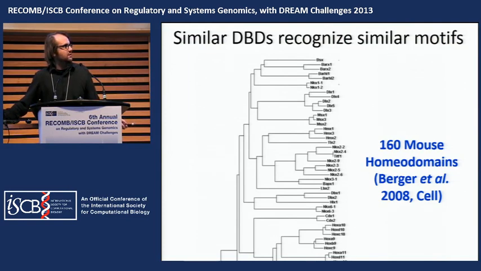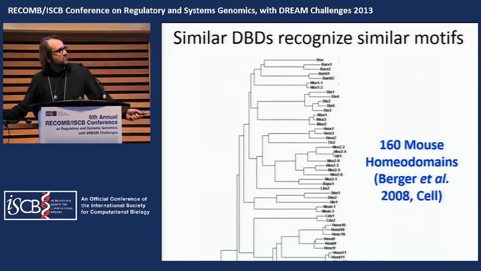This observation was made by Tim and Martha. It's an intuitive observation, but an important one, which is that if you have a similar DNA binding domain, you're going to recognize a similar binding motif. This is illustrated nicely here, where they did basically all the mouse homeodomain transcription factors. They ran about 160 different protein binding microarray experiments to figure out their different motifs.